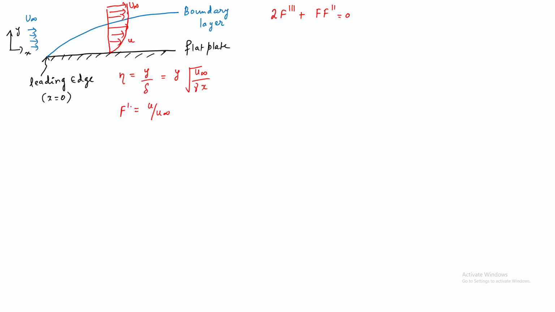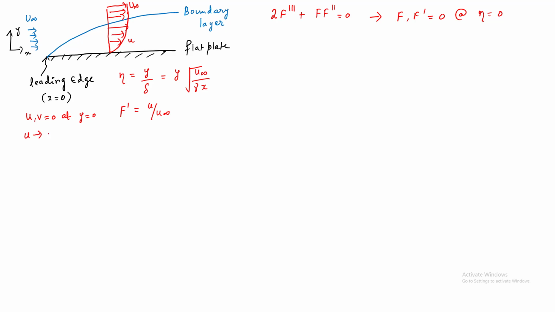We take these similarity variables and try to solve the momentum equation, and we end up with this equation. The normal boundary conditions are that u and v are 0 at y equal to 0, which becomes f and f dash equal to 0 at eta equal to 0.